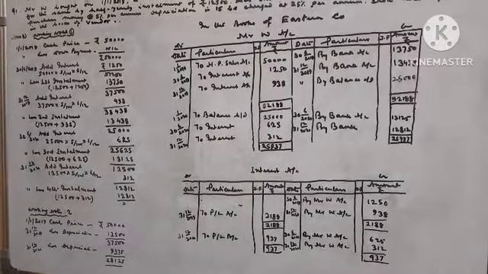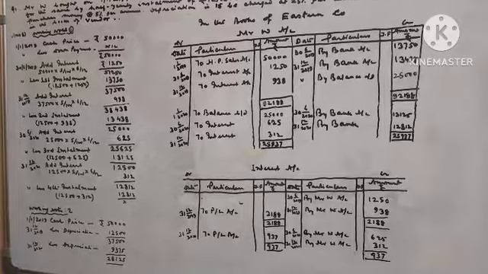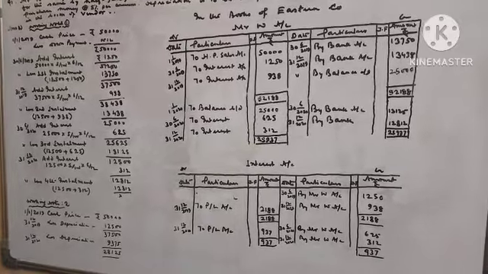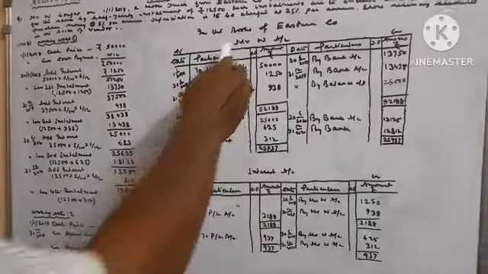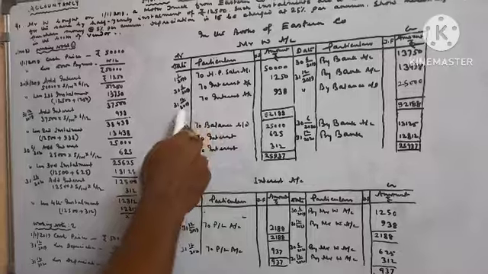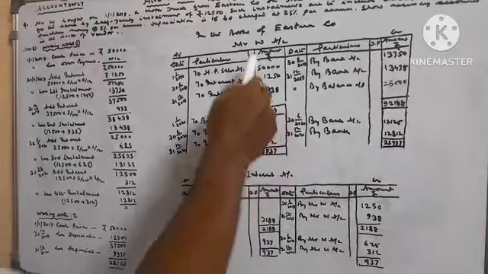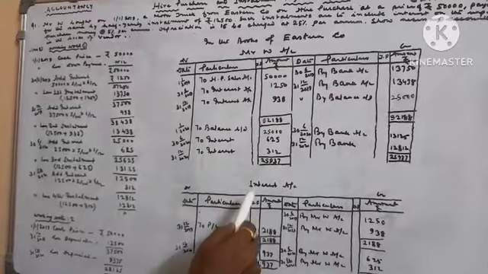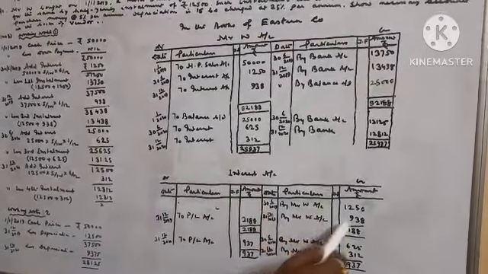Again, on 31/12/2019, for charging interest, the accounting entry will be buyer account debit to interest. So Mr. W account debit to interest on 31/12/2019, the amount of interest is 938. So in the interest account it will be by Mr. W account 938.